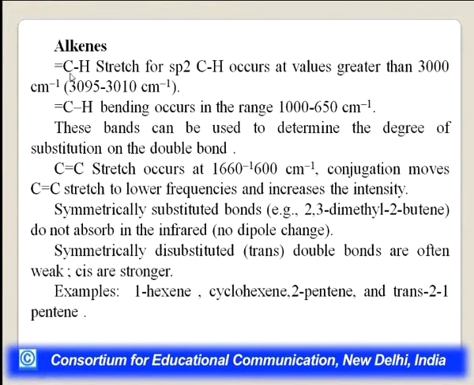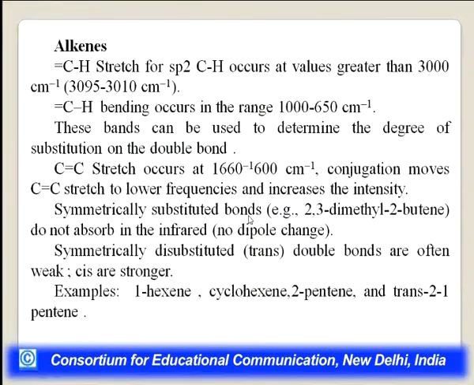Now alkenes. The CH stretching for sp2 CH occurs at values greater than 3000 centimeter inverse. CH bending occurs in the range of 1000 to 650. These bands can be used to determine the degree of substitution on the double bond. Carbon double bond carbon stretching vibration occurs at this value, and conjugation moves this value to lower frequencies, as we have discussed in detail in the earlier slides, and increases the intensity of the peak.